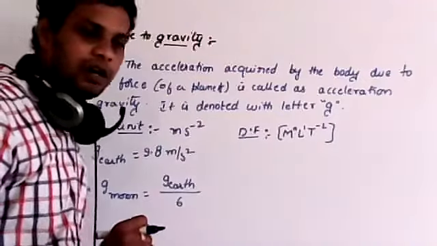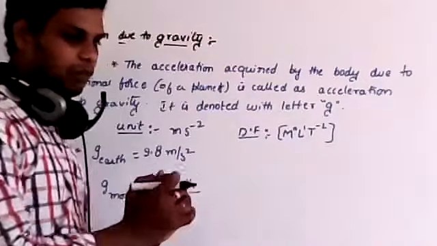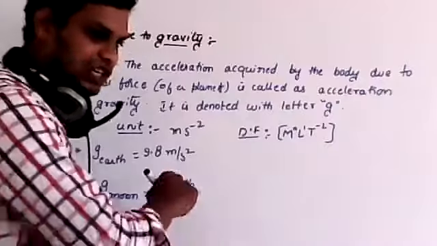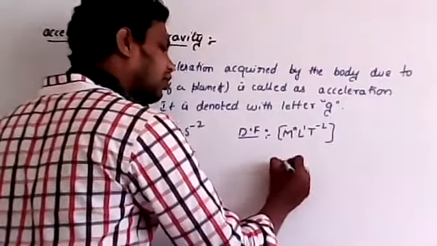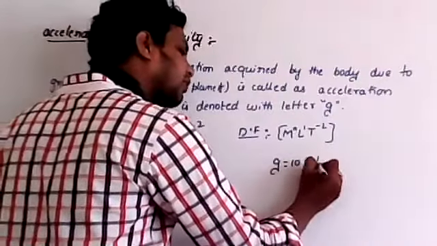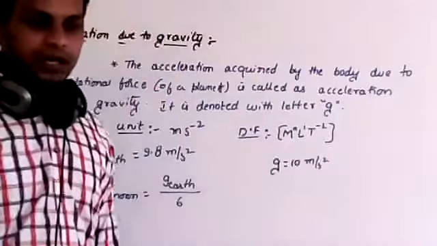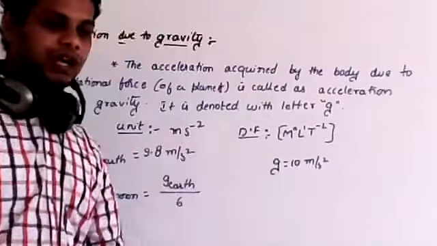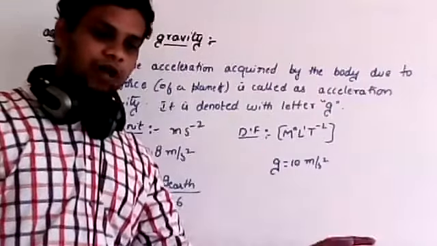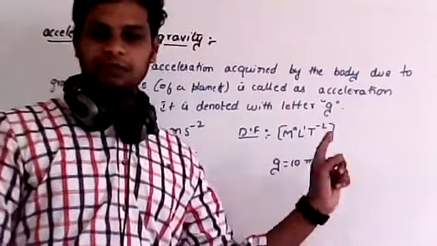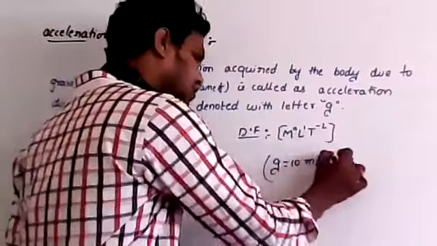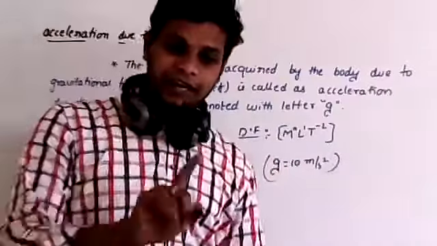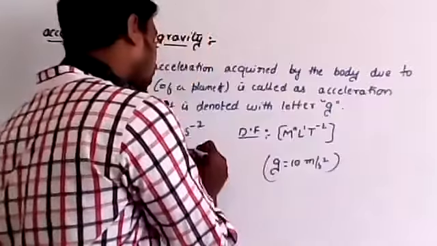Now remember, while solving some problems, g value can sometimes be given as 10 meter per second square also. Therefore, in problems, if they give g as 10 meter per second square, use this. If they didn't give it, you have to use 9.8 only.